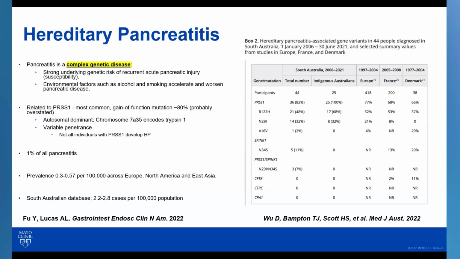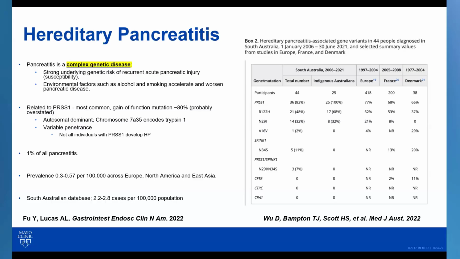However, I believe this is overstated because this is older data, and primarily we were testing patients who were known to have PRSS1 mutation, and we're not testing the mass public. So I believe that number is less, but yet it does have high penetrance. Of all comers with pancreatitis, genetically induced disease can be seen in 1% of all pancreatitis cases. The prevalence is less than 1 per 100,000, whether it's in Europe, here in the US, or in Asia.